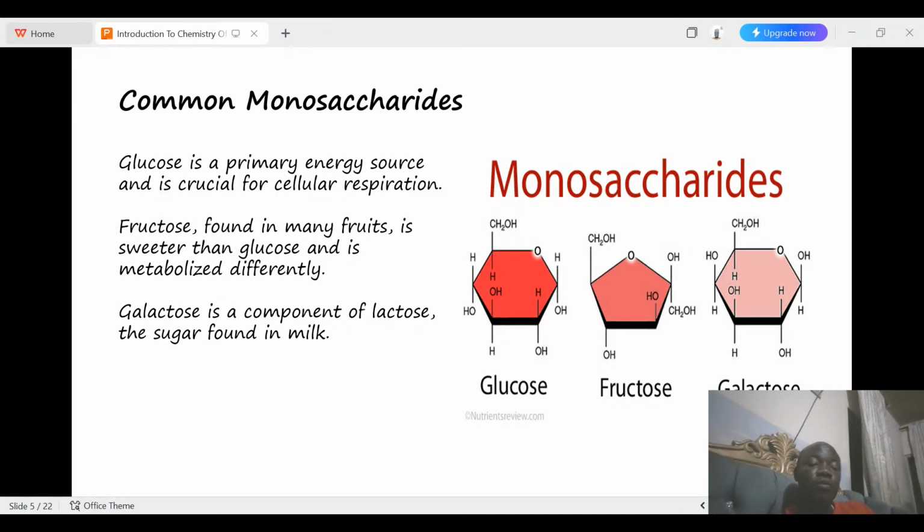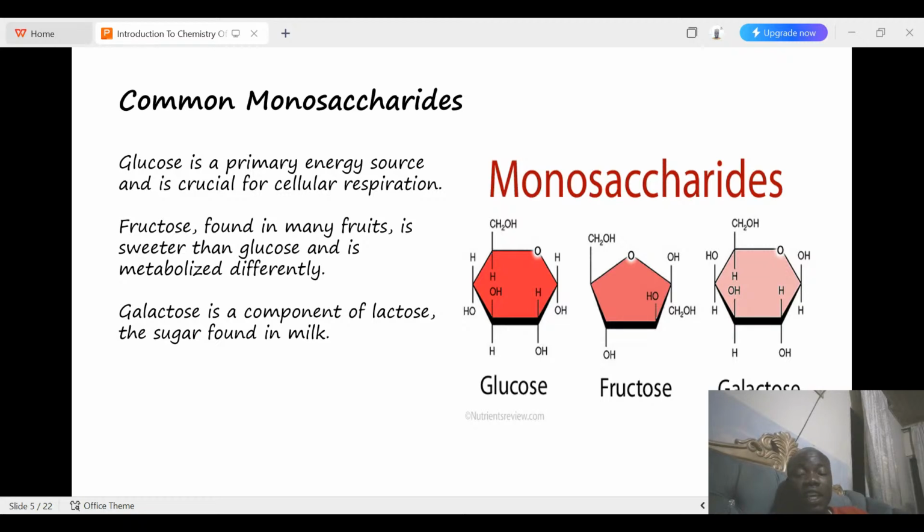And then very importantly, apart from glucose, we have fructose. The fructose is found mainly in fruit. It's sweeter than glucose, and it might metabolize differently. The way you metabolize glucose and fructose is not the same, because for cellular respiration, like glycolysis, glucose can usually channel into glycolysis without any structural modification.